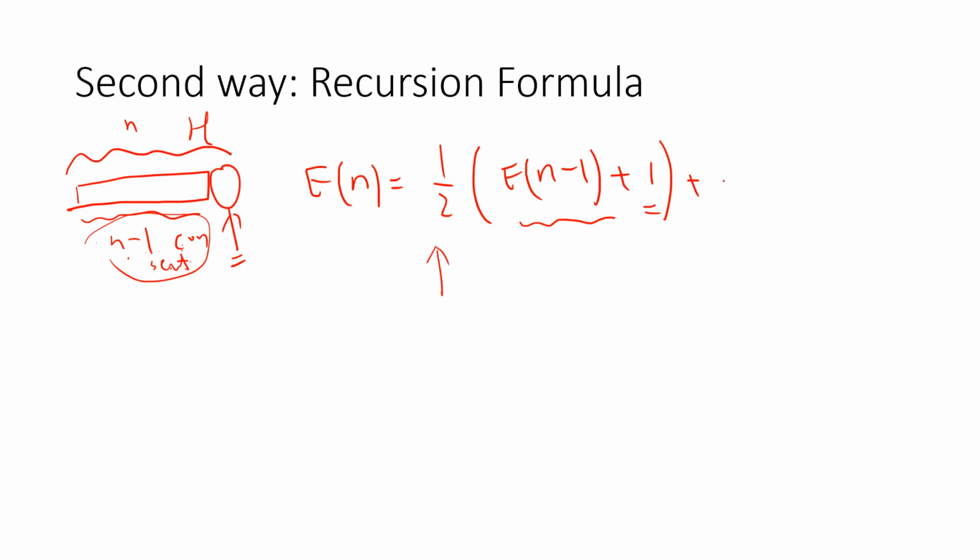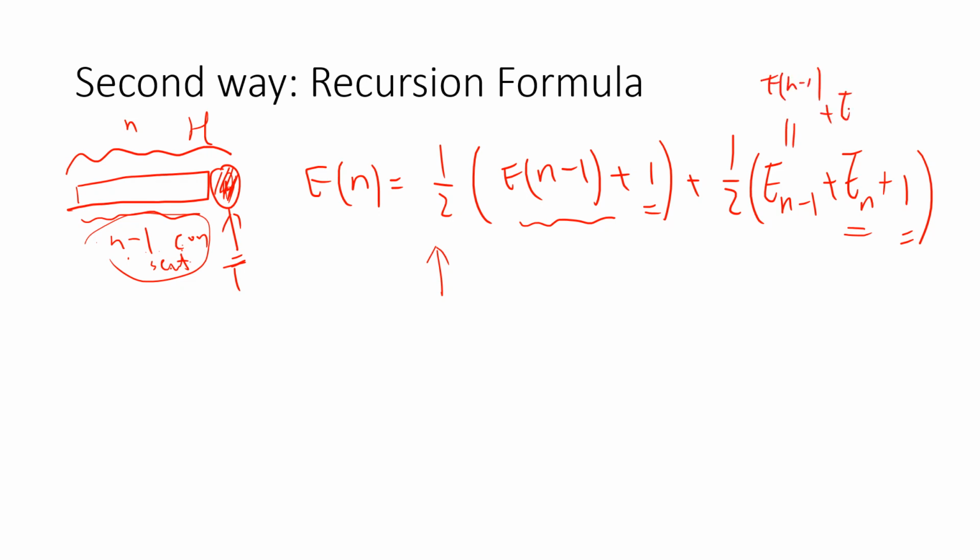And another case is you fail, right? In this test you get tail. So basically then you spend E of n minus 1, but you need to spend all the E of n plus that time you failed. So this is the recursion formula for E of n.